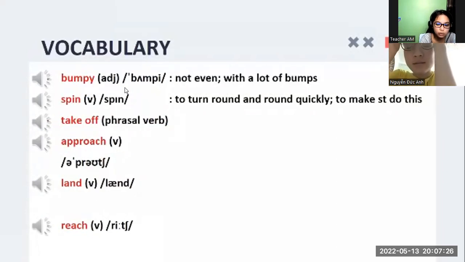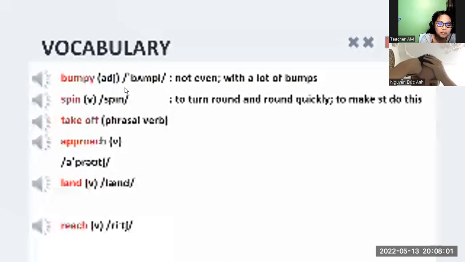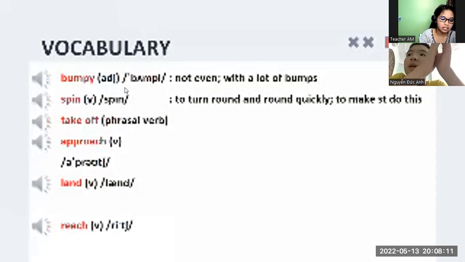No, no, no. I want you to make a sentence with bumpy. Okay, so what's your sentence for bumpy? I want you to use it. For example, me, I'm going to give my sentence for bumpy.